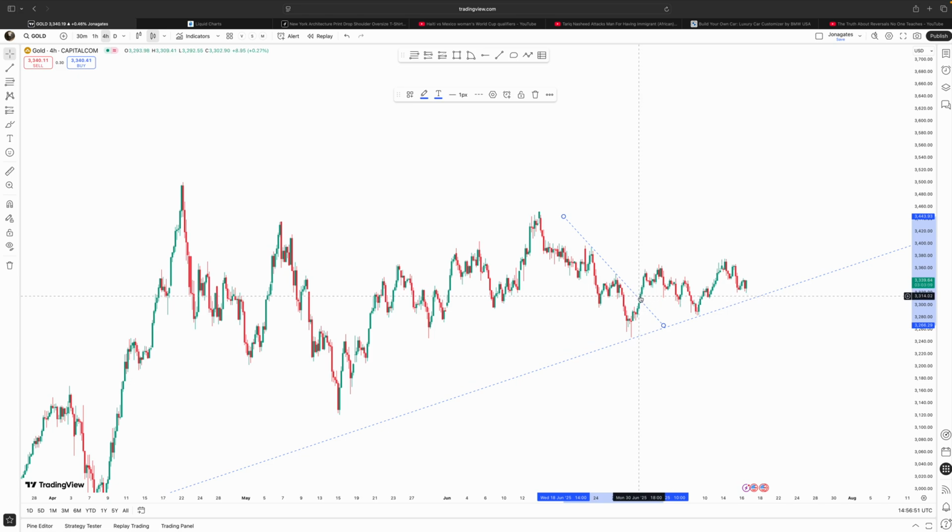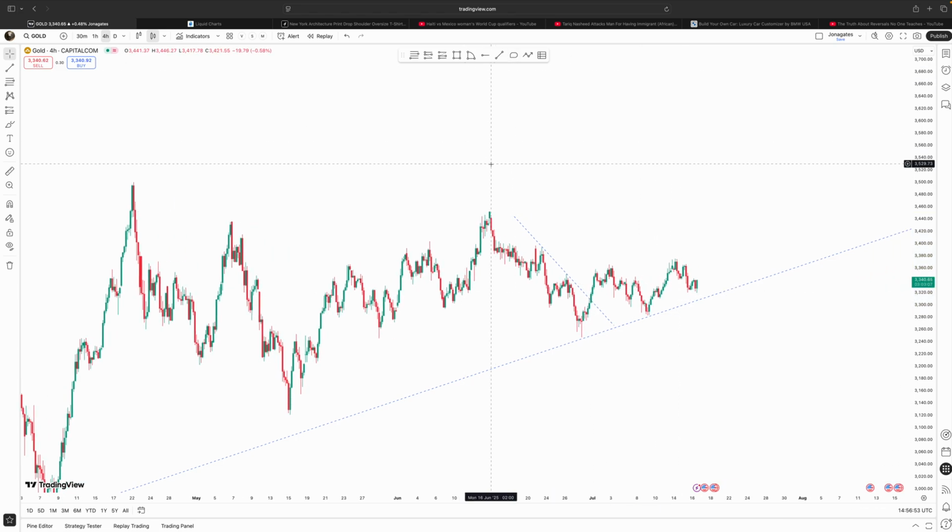And then last week, I did this. I'm a trend line person. My strategy consists of trend lines mostly. That's the way I trade.